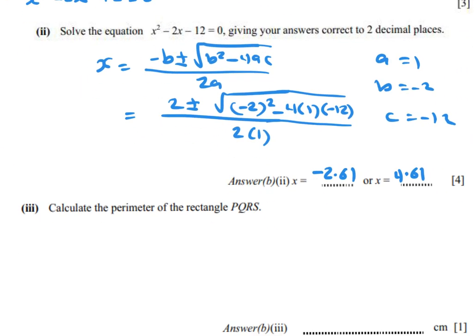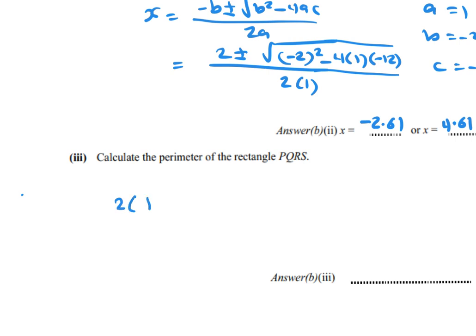So this is how to find the perimeter: 2 times 4.61 plus 2 times 8.61.